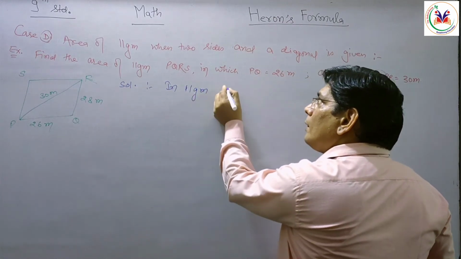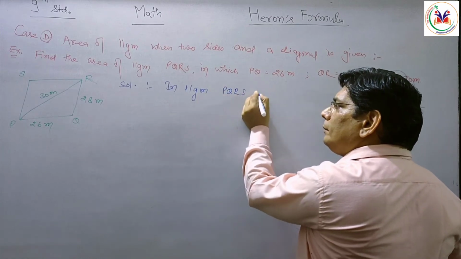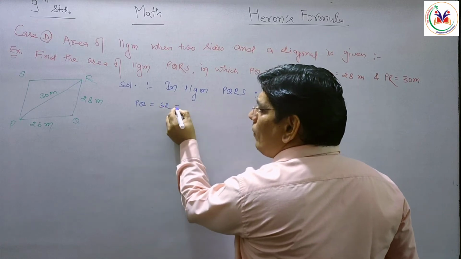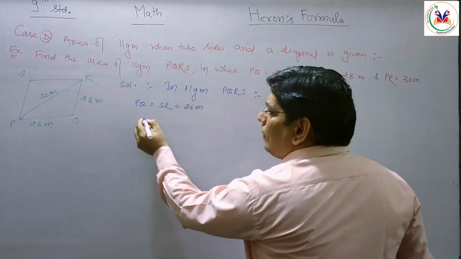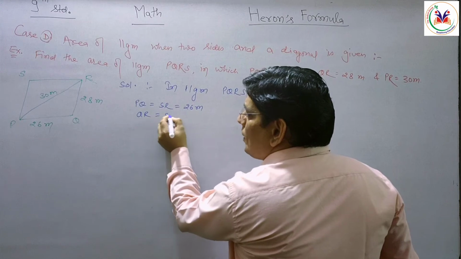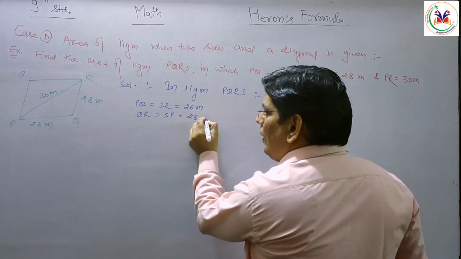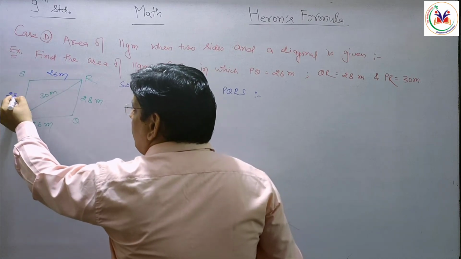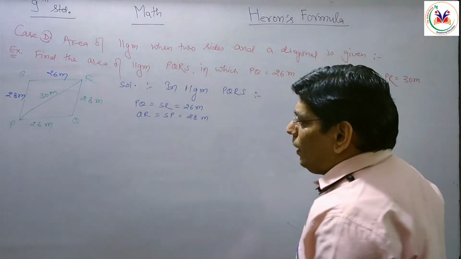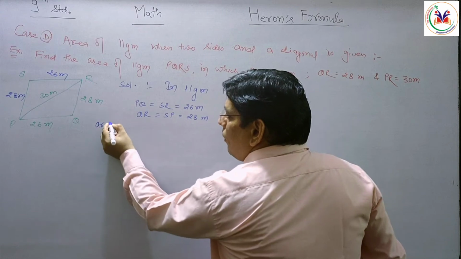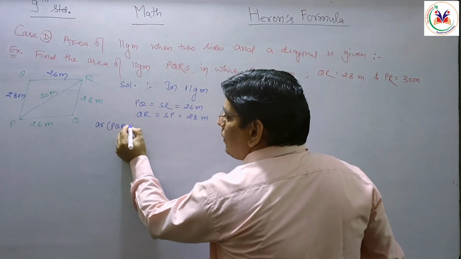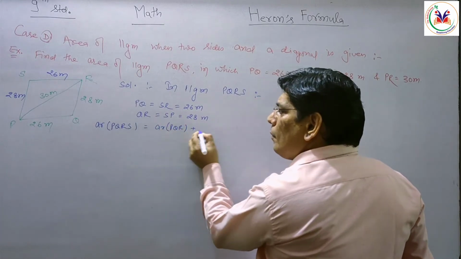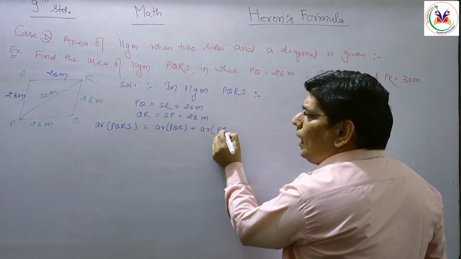In parallelogram PQRS, PQ equals SR, that will be 26 meter, and QR equals SP equals 28 meter. Now area of PQRS equals area of PQR plus area of PRS.